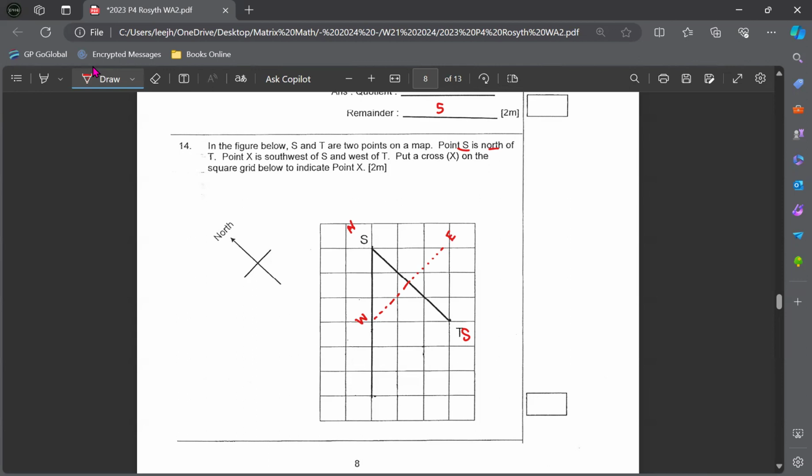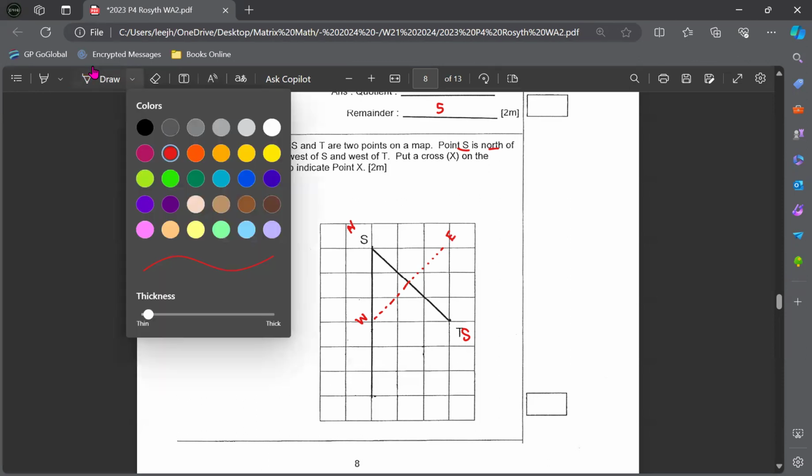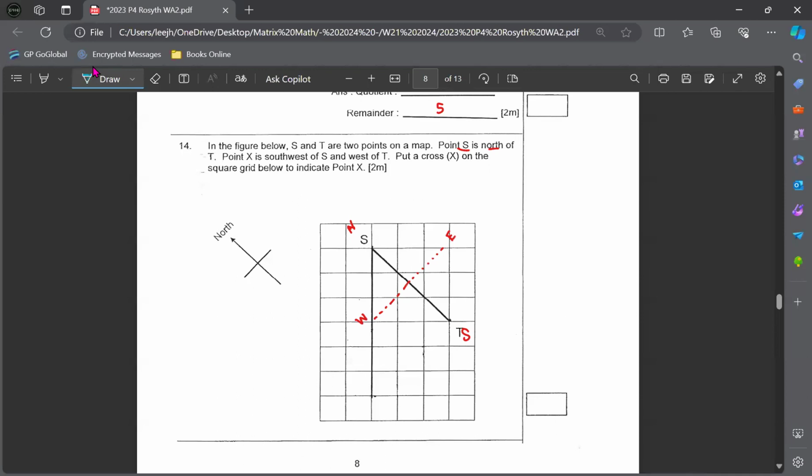Okay, and it says that point X is southwest of S. Southwest. So southwest is this way. Let me use another color. Maybe blue. Southwest of S and T. So southwest of S and T is this part. So that means point X is around the bottom part of the grid.